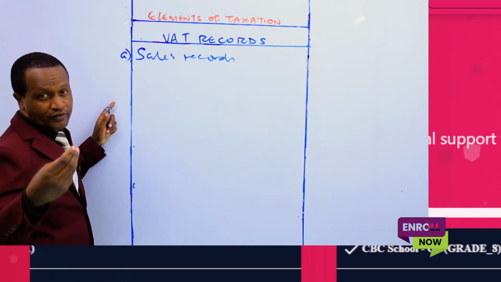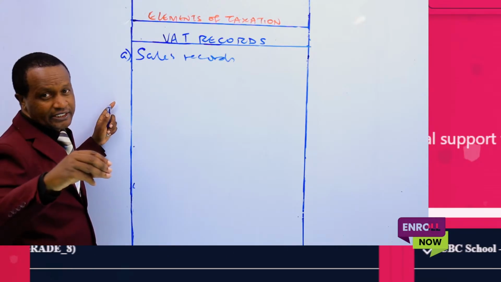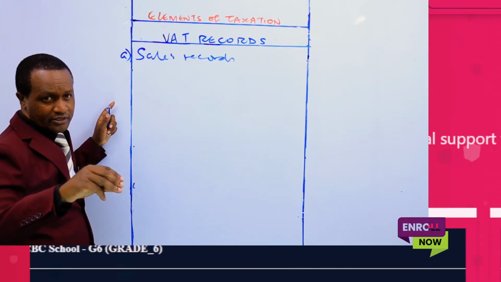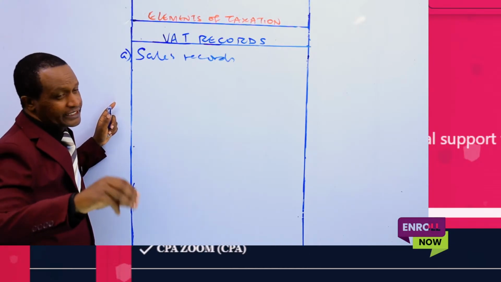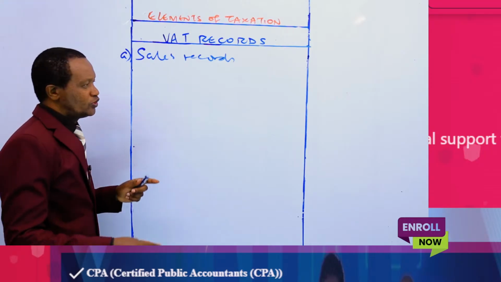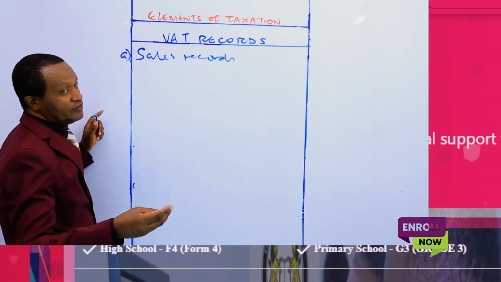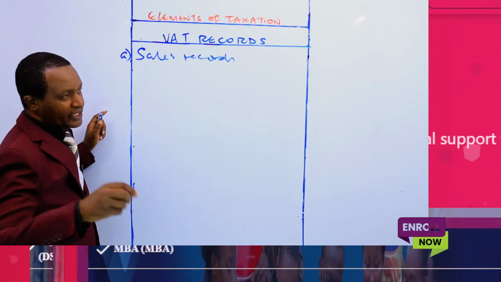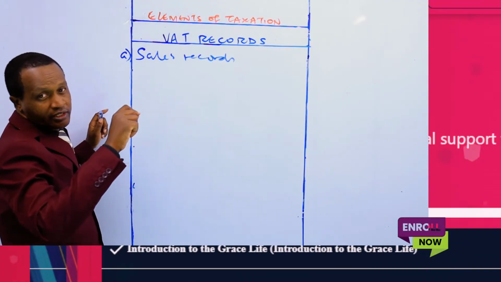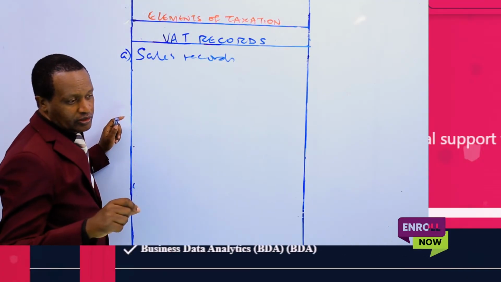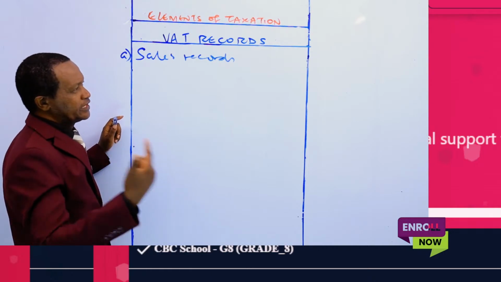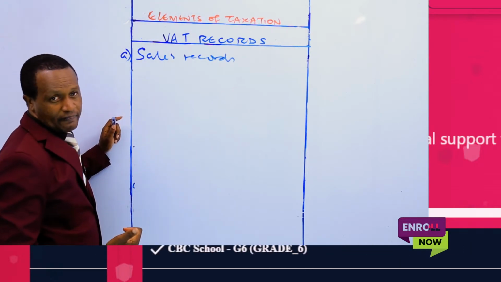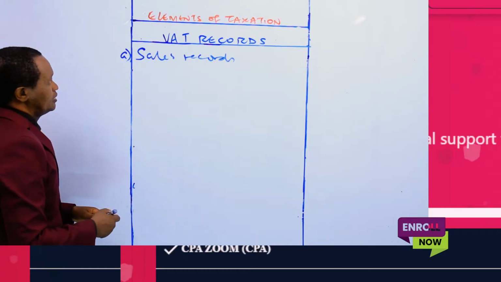Then we also have daily sales book or summaries of sales journals. Then, of course, number four, we have the records of supplies to privileged persons and institutions, showing why the sales to them are 0 rated. That is one category of record.